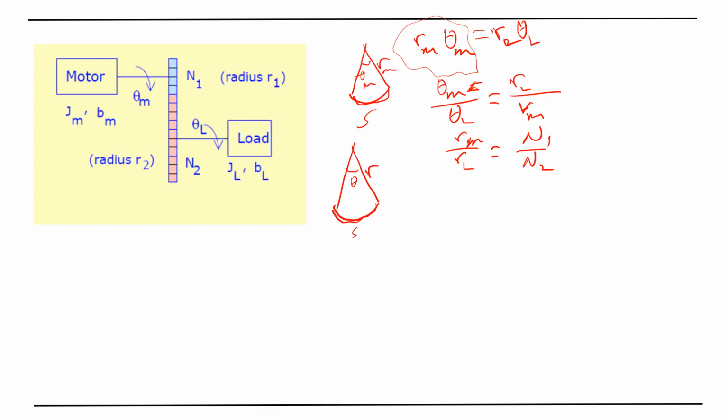What we are saying is that the number of teeth is proportional to the radius, and you can take the proportionality. So the radius of the motor to the radius of the load will be the ratio between the two. Oh, I see. Okay, why?